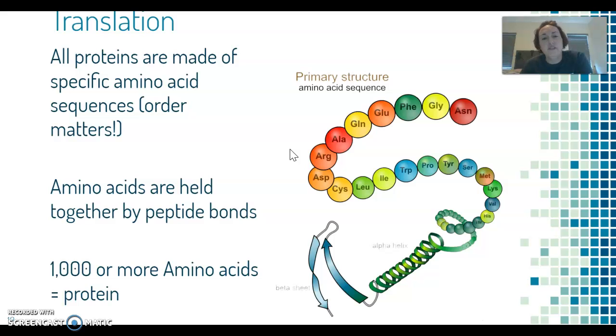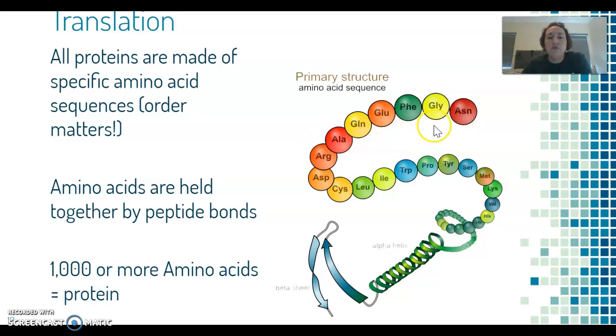And you'll see that on the chart that I'm going to show you in a minute. But it's the order, the length, and the 3D shape of these proteins that determine what its function is. So every single protein is going to have a different order and a different length and a different 3D shape from each other, and that again determines what its job is.